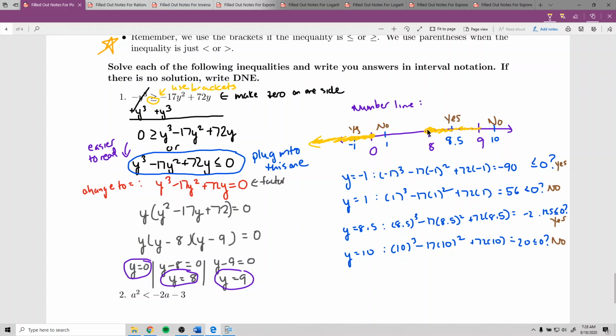It helps that I can put in filled circles there, but it's not very noticeable. So our answer is the interval negative infinity up to 0, union 8 to 9. And 0, 8, and 9 must have brackets. Infinity and negative infinity always get parentheses.